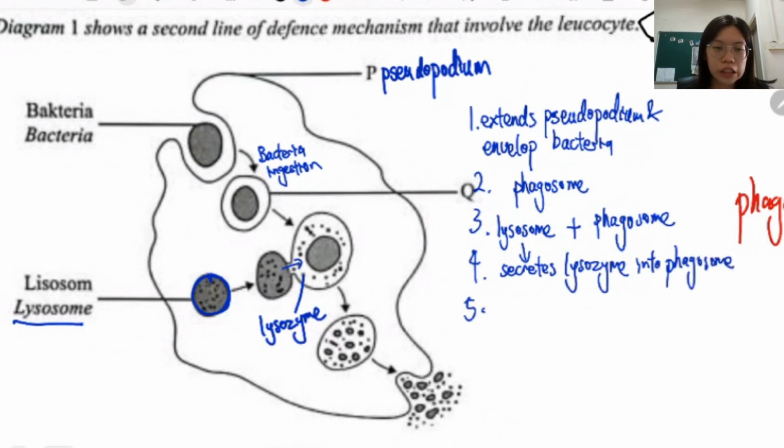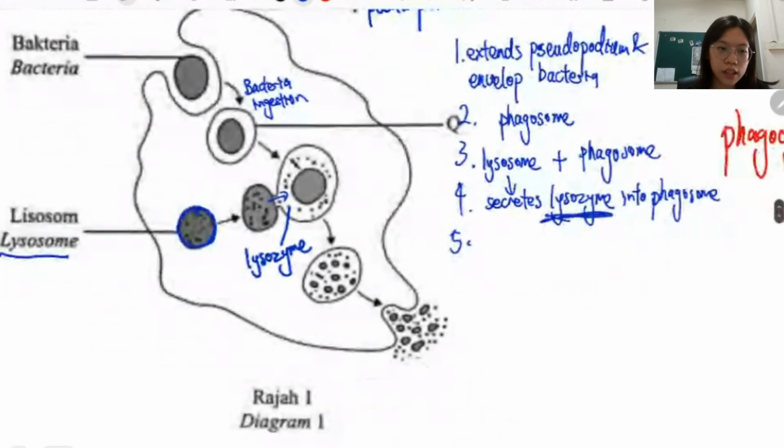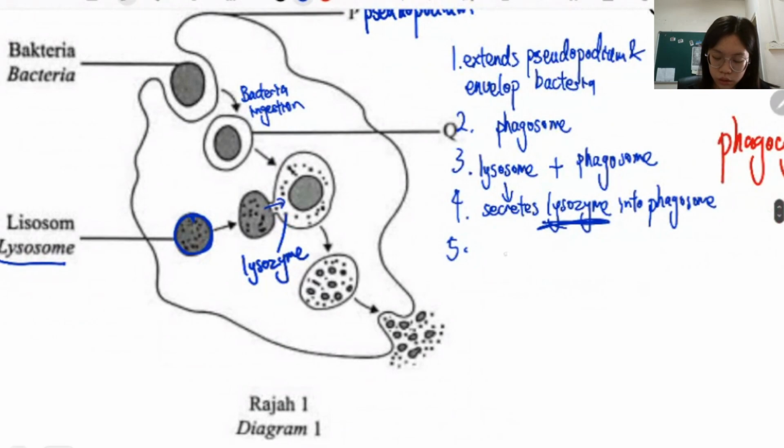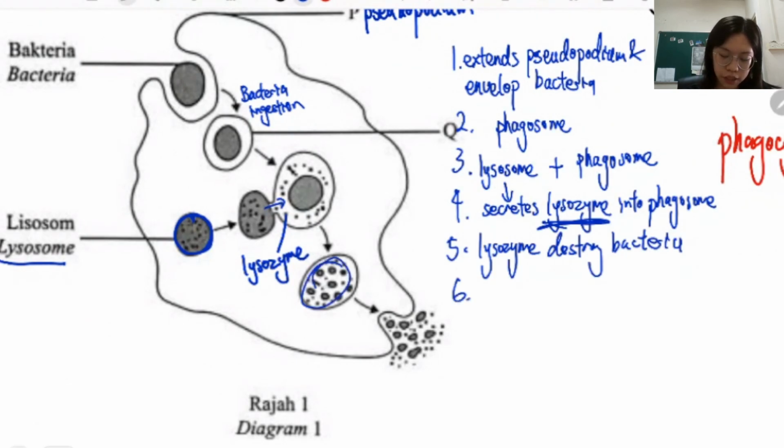After they secrete this enzyme, what does the enzyme do? This enzyme will destroy the bacteria. After the bacteria are destroyed, can you see this part? They are already broken down.